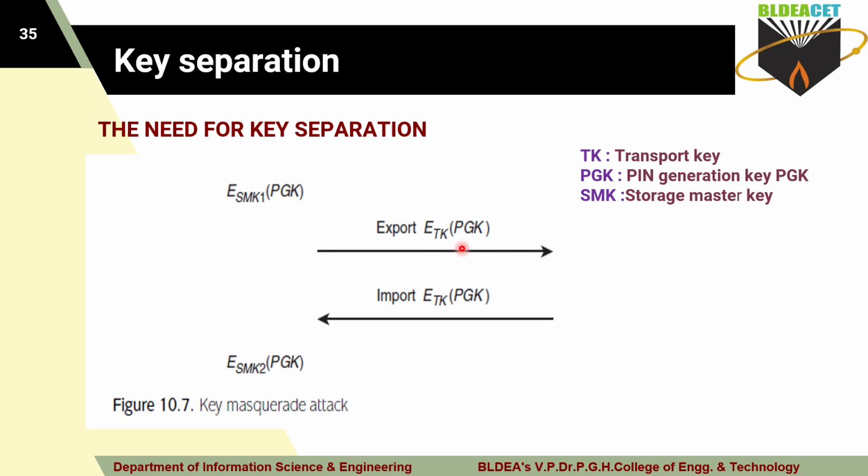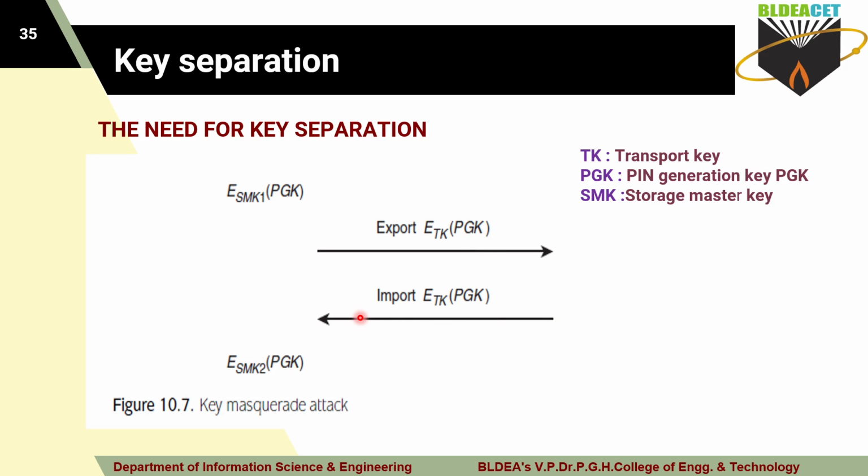While storing in the HSM you encrypt it using the SMK, and while transferring that key to the person, which we call exporting, you re-encrypt, using the transport key. With the help of the transport key, you encrypt this PGK and send it.